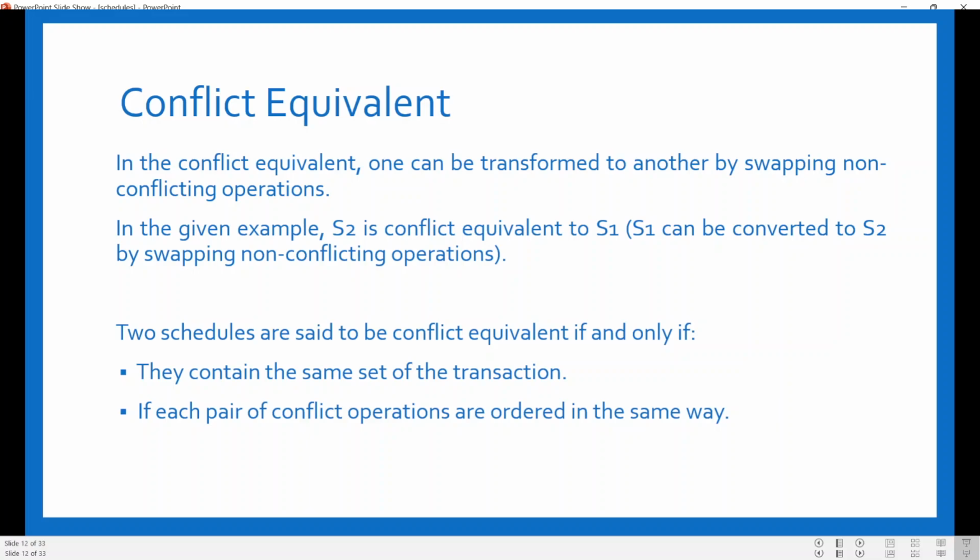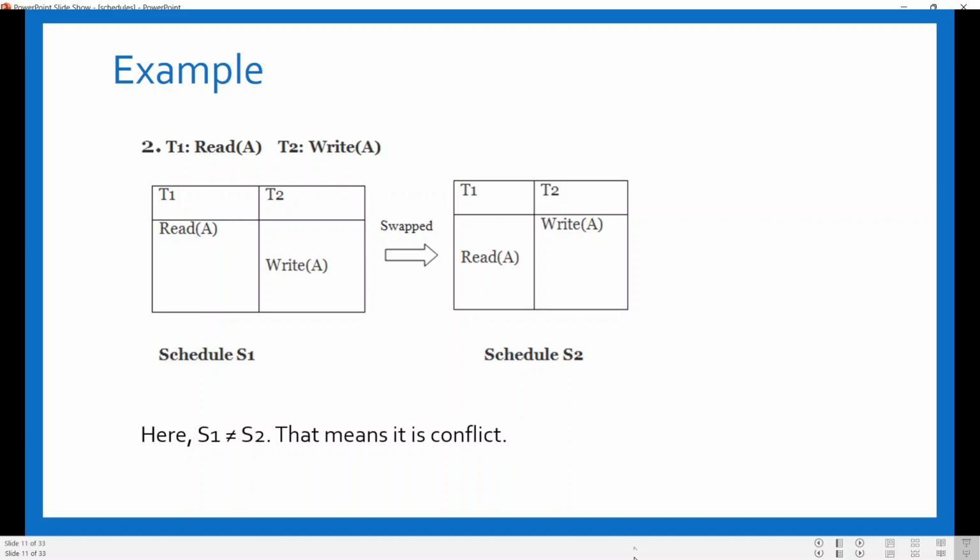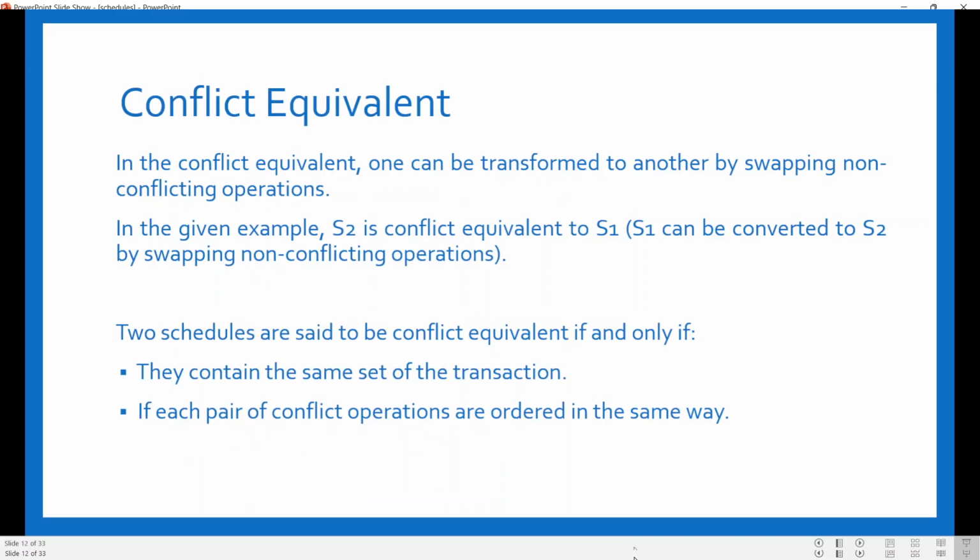In the first example, S1 is conflict equivalent to S2, because S1 can be converted to S2 by swapping non-conflicting operations. So two schedules are said to be conflict equivalent if and only if they contain the same set of transactions, and each pair of conflicting operations is ordered in the same way. If all the conflicting operations are ordered in the same way, then we can say they are conflict equivalent.